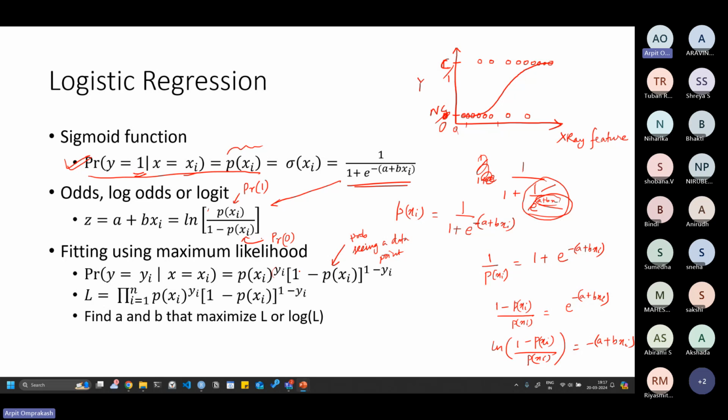We talked about maximum likelihood. So we are given some data. We are trying to fit some model to it. We are trying to fit a model of this type. So how will we fit that?